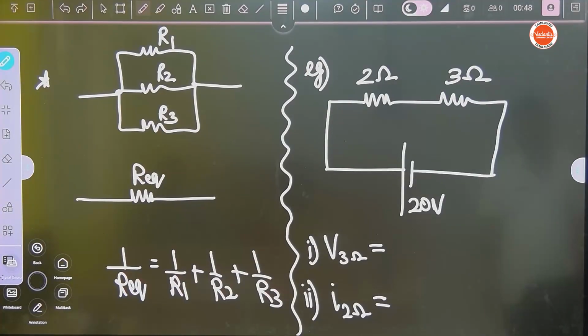Current? No. What is the answer? Voltage. What is the answer? 12. Okay. Correct. 4.